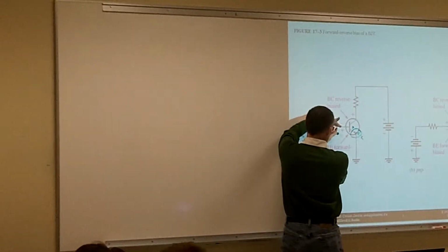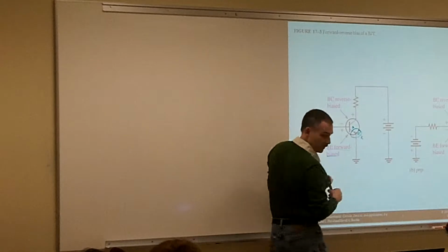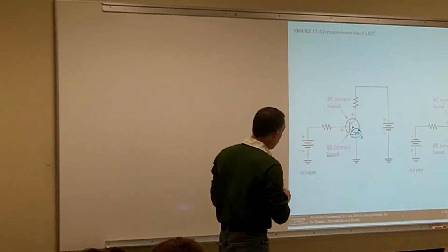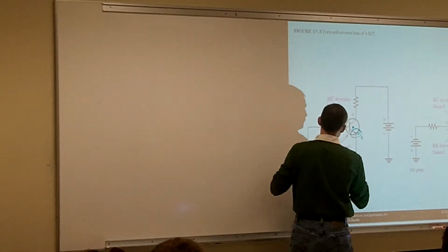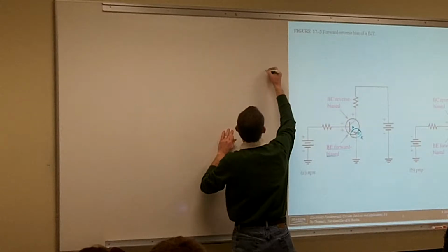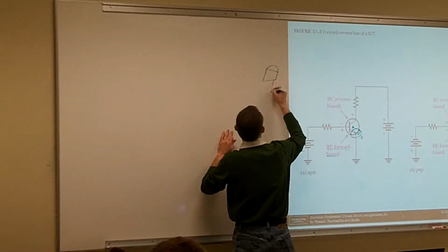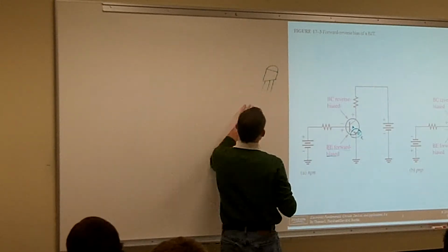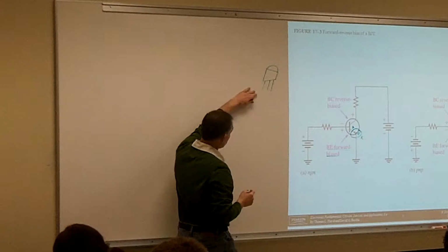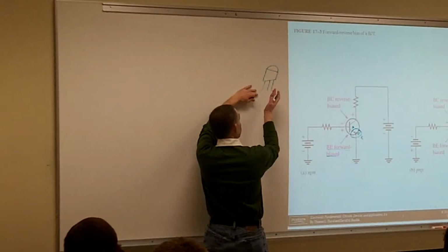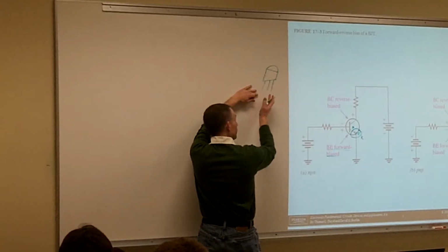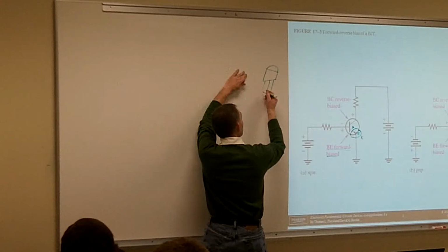If we're looking at the transistor, which is a TO92 package, and the flat spot is facing us, it looks just like our 3-terminal regulator.